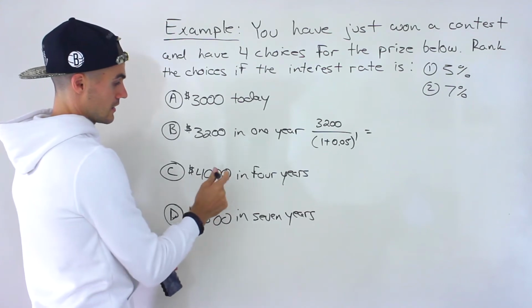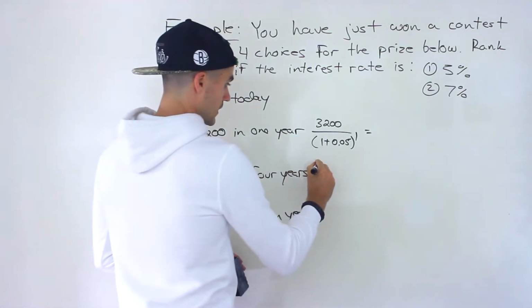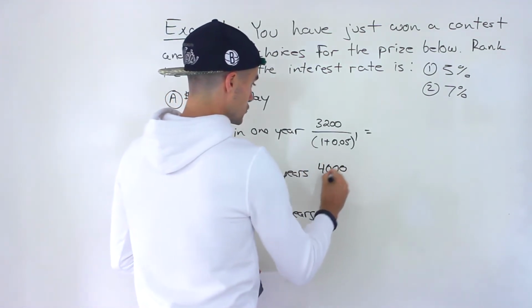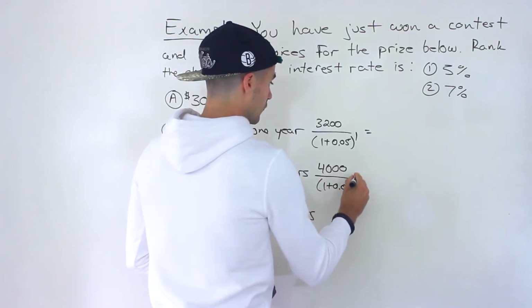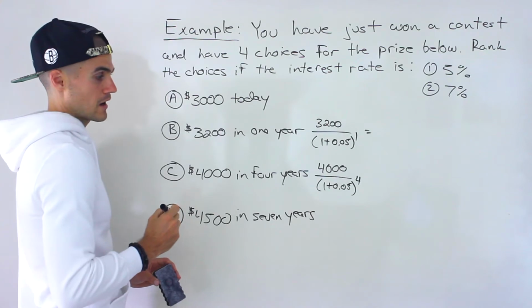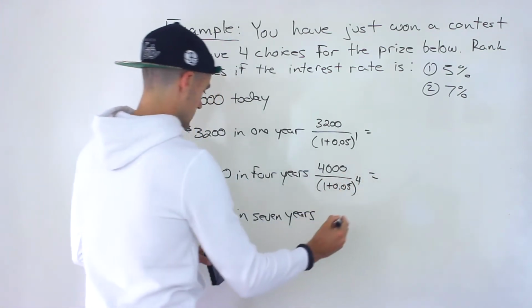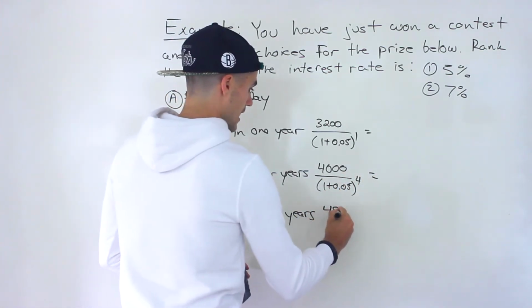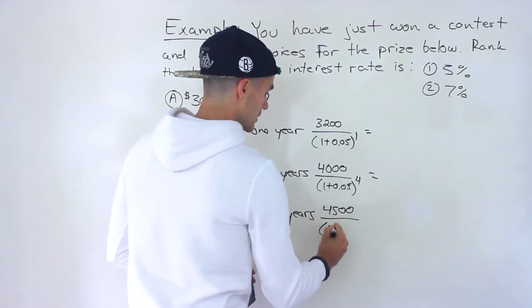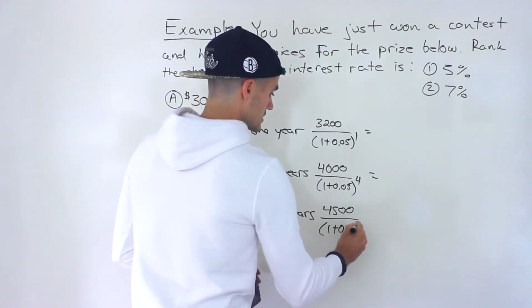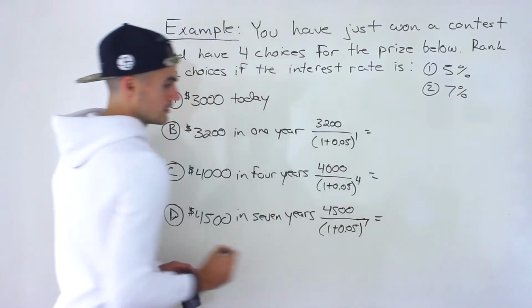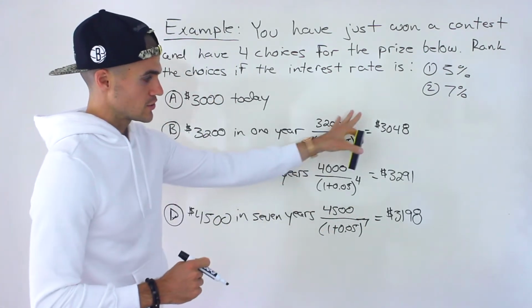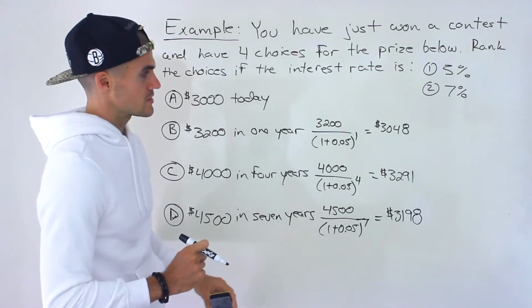And then same thing here, we'd have the 4,000, that's what the future value is, same interest rate, but that's happening in 4 years, so we got to discount that by 4. And then this one, 4,500, is happening in 7 years, so we would take this, discount it, same interest rate, by 7 years. And when you do those calculations, these are the respective values that you would get.